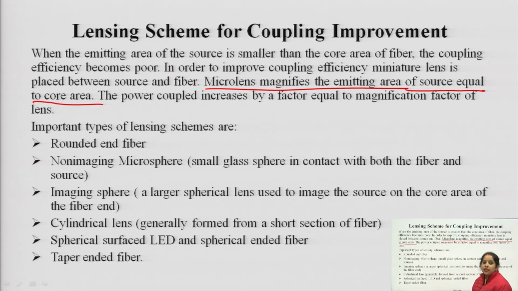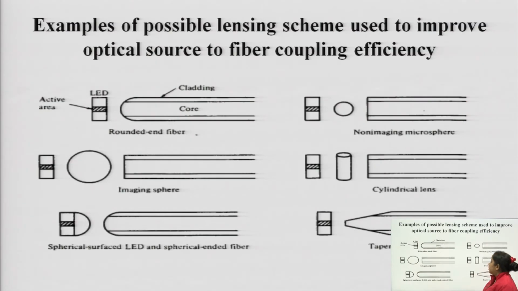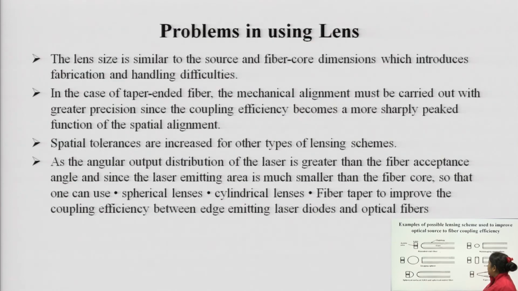That it magnifies the emitting area of the source. There are a number of lensing schemes. First one is the round end fiber, second one is the non-imaging microsphere, imaging sphere, cylindrical lens, spherical surface LED and spherical ended fiber, tapered ended fiber. These are the various lensing schemes which can be used for coupling improvement, and these are the figures of that.